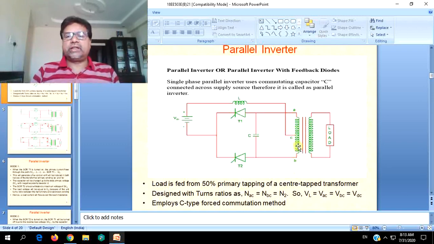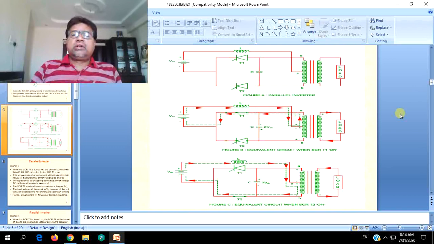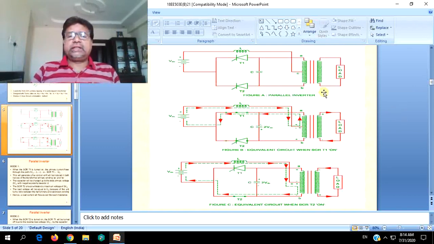In the next interval, C will be positive and B will be negative, and the source will deliver power in the directions shown like this. So that is the design of the circuit. And again the circuits are shown for the different given intervals to understand how they vary.